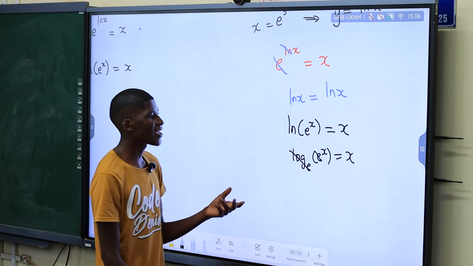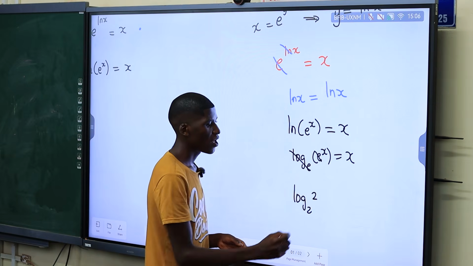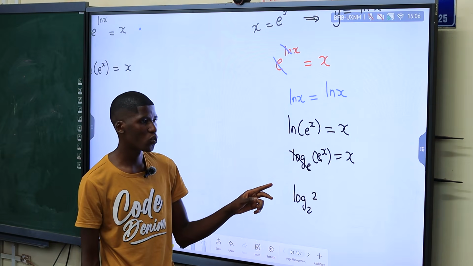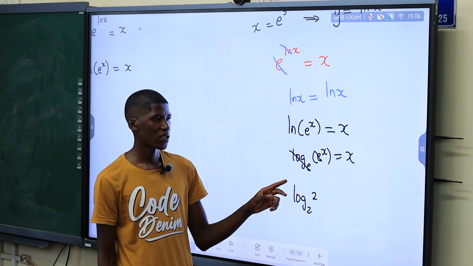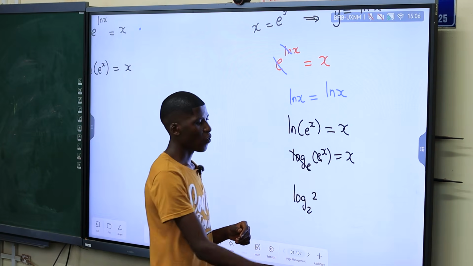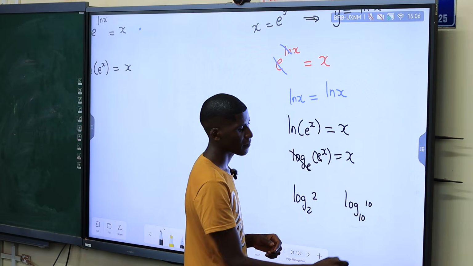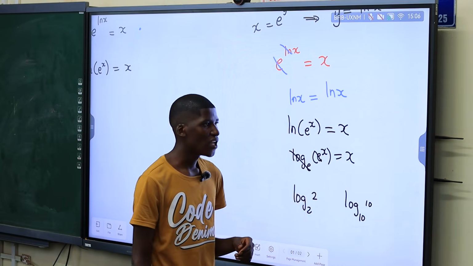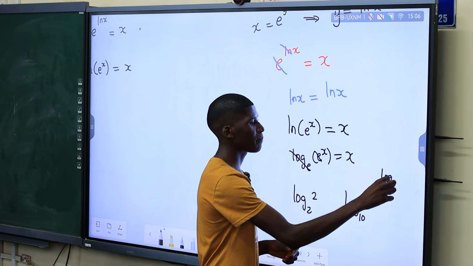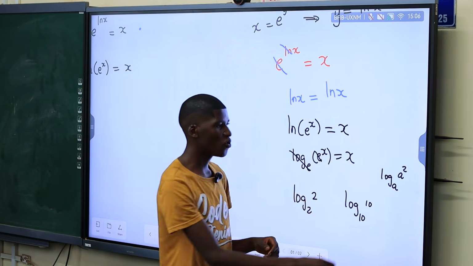So if you can try something out, log base 2 of 2. What is log base 2 of 2? 1, right? What is log base 10 of 10? 1 as well. What is log base a of a squared? 2.